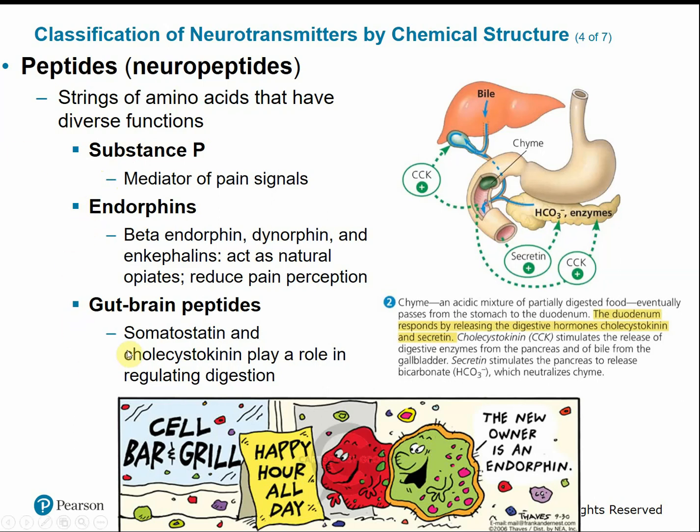Gut-brain peptides also play a role in regulating the digestive process. Cholecystokinin is released by the duodenum, part of the small intestine, to stimulate release of other digestive enzymes from the pancreas and the gallbladder.